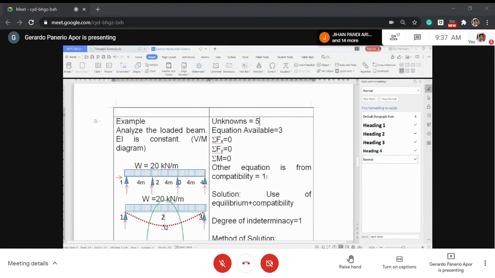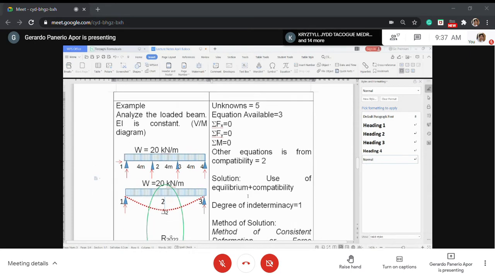The other equations come from compatibility. So you have 3 from equilibrium and 2 from compatibility, so you can solve. The degree of indeterminacy is 2.